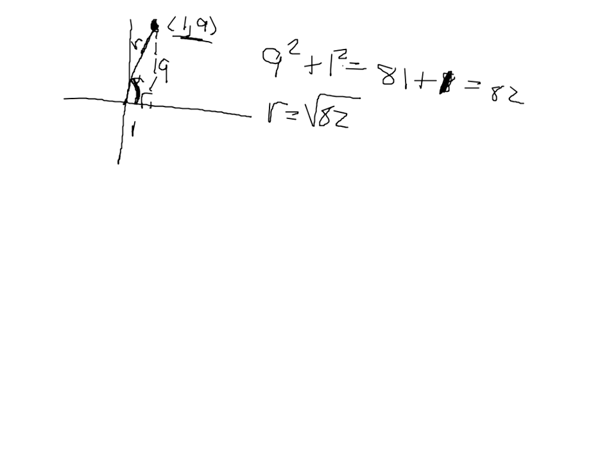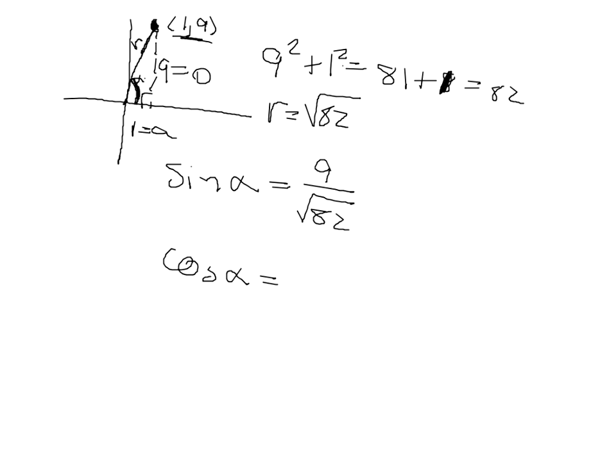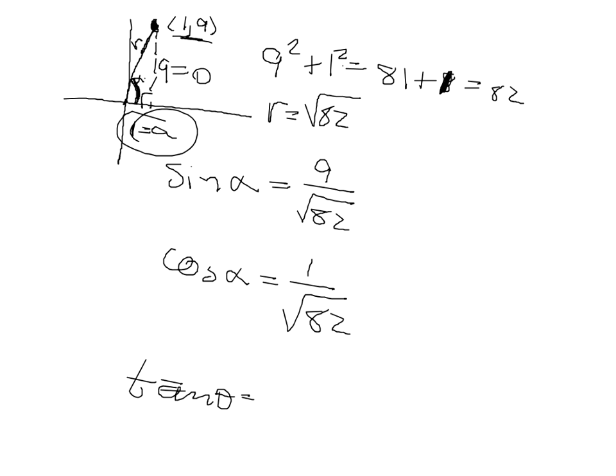Now I'm going to call this alpha. So sine alpha is opposite over hypotenuse. Cosine alpha is going to be adjacent, so that's the 1, over hypotenuse. We have tangent, which is opposite over adjacent.